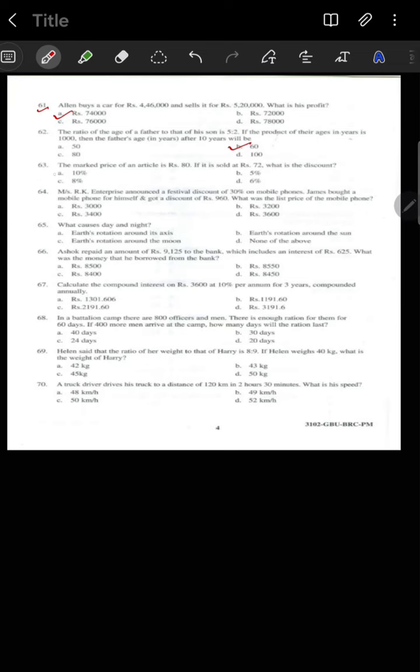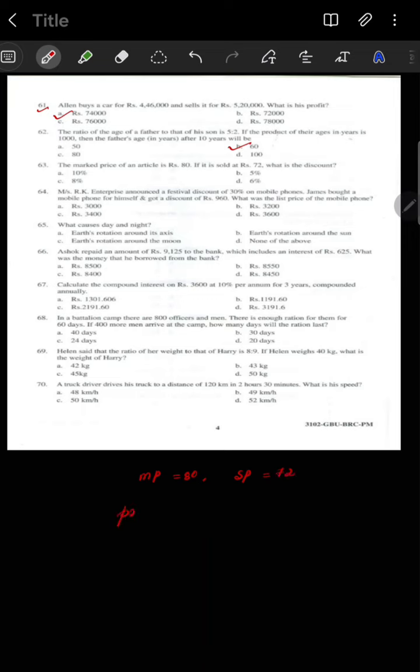Next question number 63: the market price of an article is rupees 80. If it is sold at rupees 72, what is the discount? Okay, so here the market price is given as rupees 80, and they have given the selling price as 72.